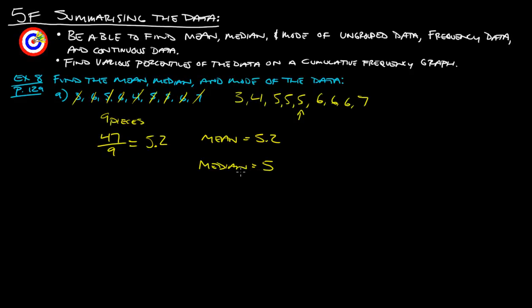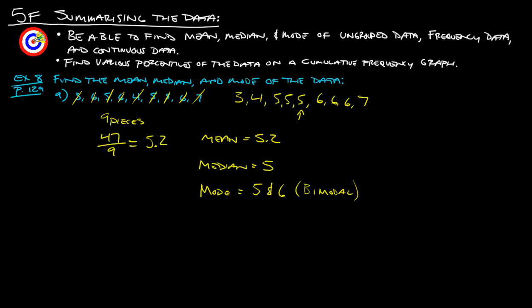And then the mode is the one that occurs most frequently. So the mode for this one is going to be both 5 and 6. And when you have 2 different modes, you call that bimodal. All right. So that is example 8.